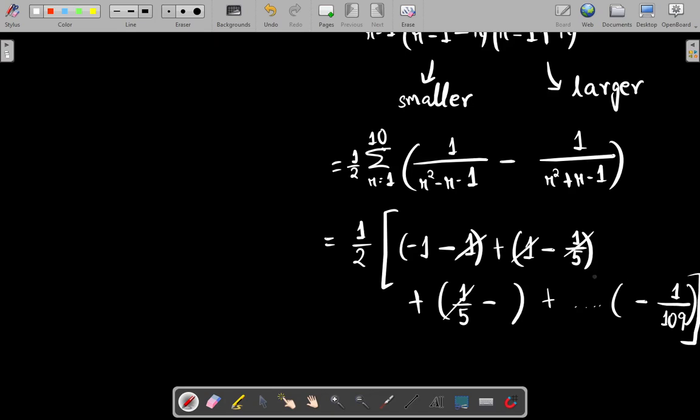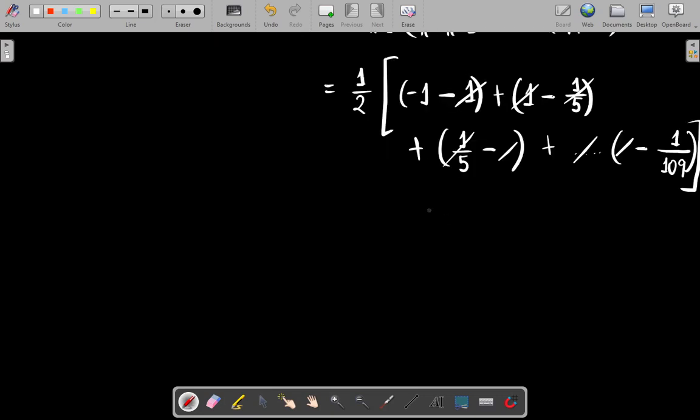This value will also get cancelled somewhere here. And this value will also get cancelled somewhere here. You can try to calculate all these values, but these are all getting cancelled out. So the only two values that are left out will be this first term and this absolute last term. So this becomes minus 1 upon 109.